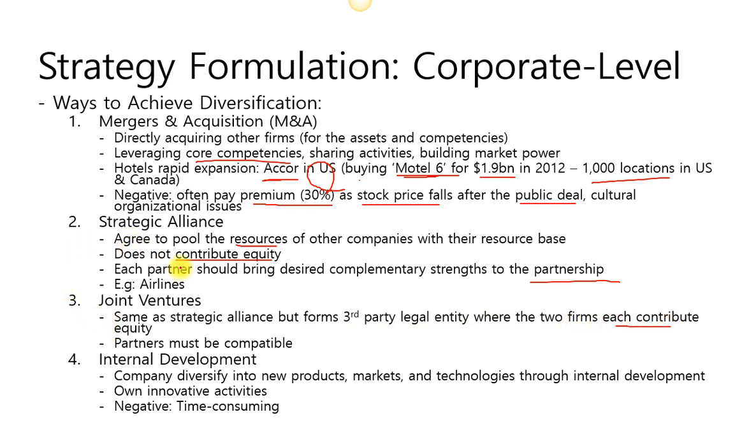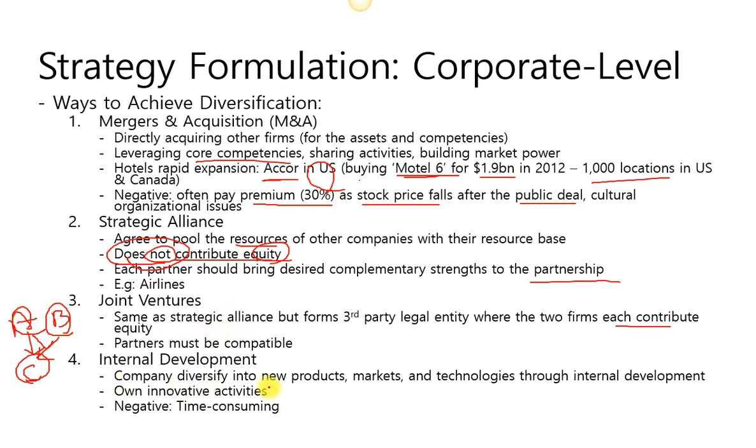So strategic alliance is just sharing your resources, but it does not contribute equity. Whereas in a joint venture, if there's company A and company B, A and B decide to form a company C. For strategic alliance, you just share resources and competencies and things like that, whereas in a joint venture, they put money in, A and B, and create a new company C. Okay, that's called joint venture.